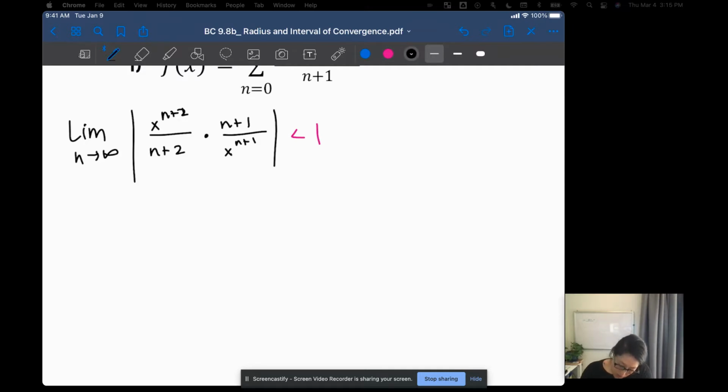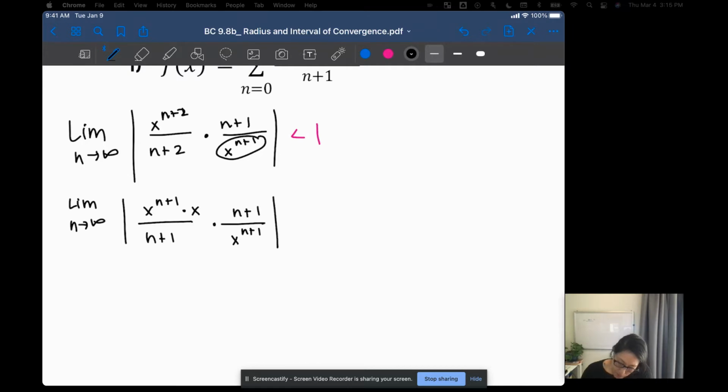Writing this out, we have the limit as n approaches infinity of, since I'm trying to cancel x^(n+1), I'm going to write this as x^(n+1) times one more factor of x over n+2 times n+1 over x^(n+1). You don't have to write it like that, but that's how I'm going to do it today.